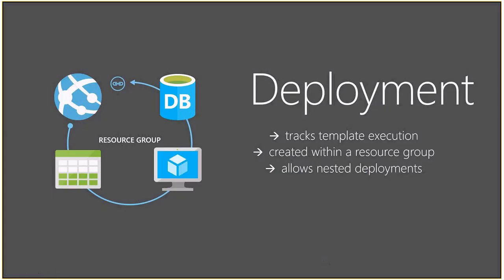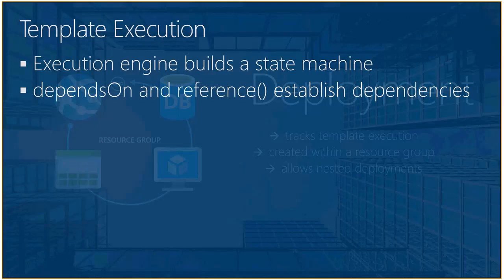Okay, so moving forward, for the deployment, as you saw, if you make a deployment using templates, you will end up having a deployment resource itself. That tracks the template execution, it's actually created as a resource within the resource group, and we also support nested deployment.